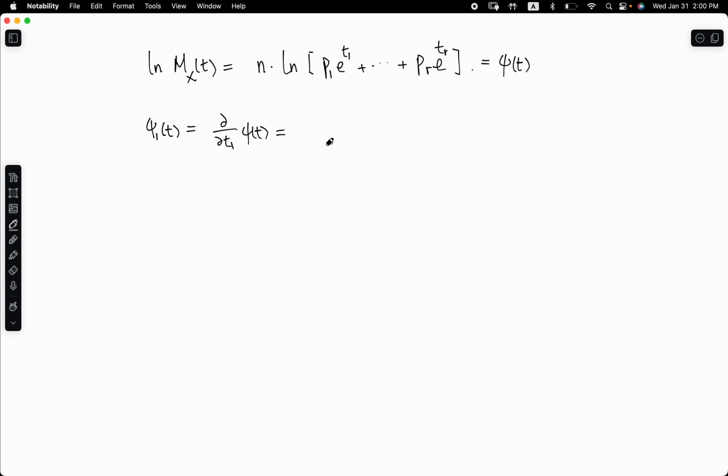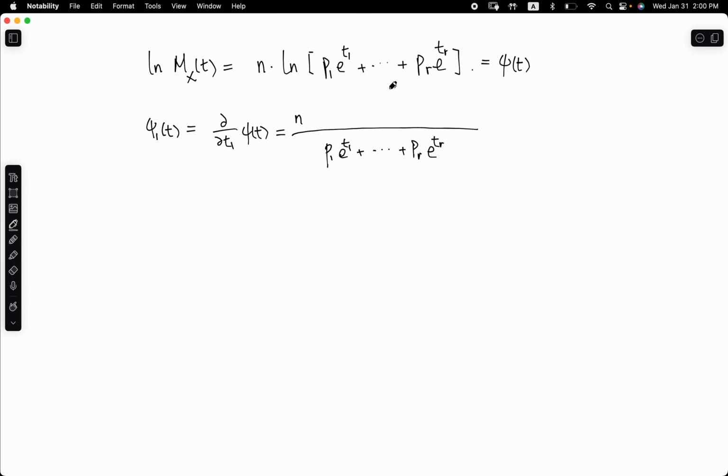So this should be a constant n in the front, and then the sum in the denominator, and multiply by the chain rule.